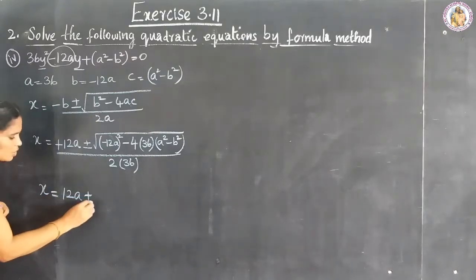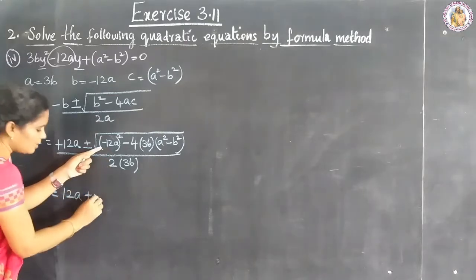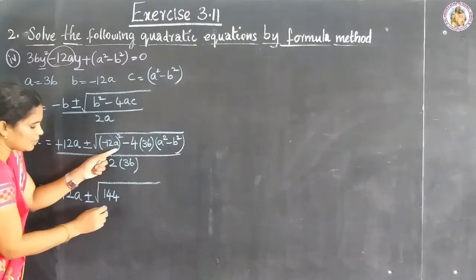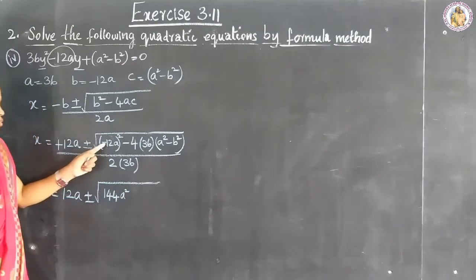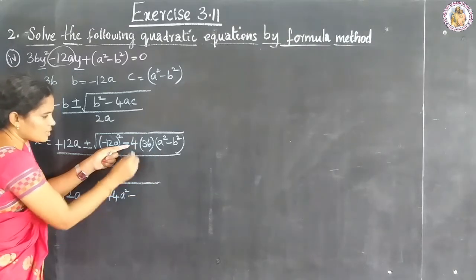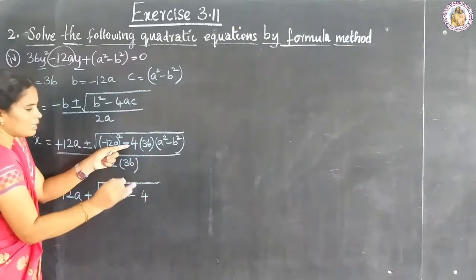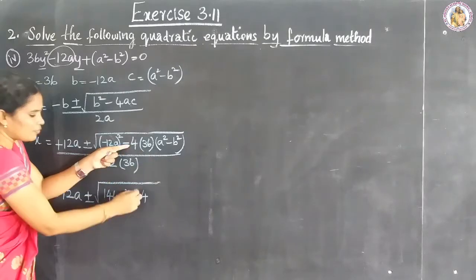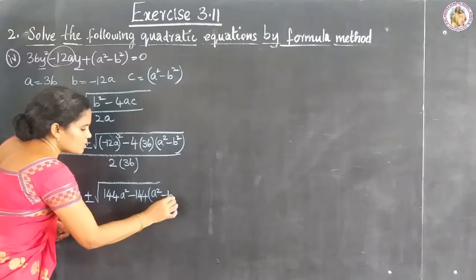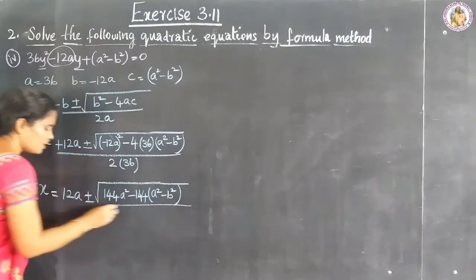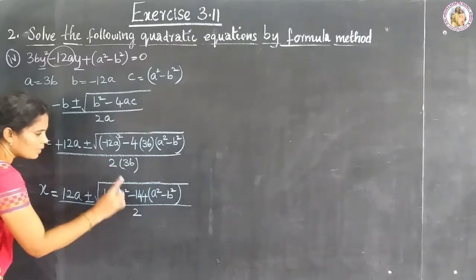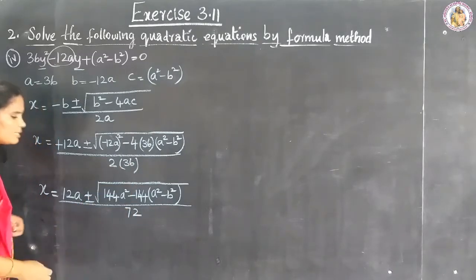A is 36. So x is equal to 12a plus or minus 12 into 12. 12 into 12, 144, a into a square. Minus into minus plus. Now 36 into 4. 6 4s are 24, remaining 2. 4 3s are 12, 13, 14. 144 within bracket a square minus b square, divided by 6 2s are 12, remaining 1. 3 2s are 6, 6 plus 1, 7.